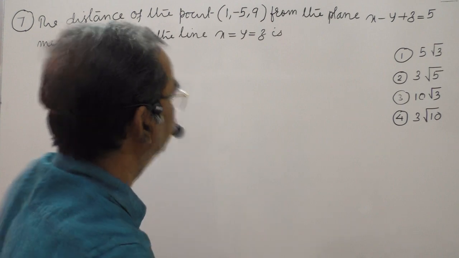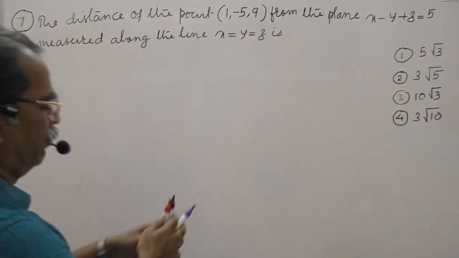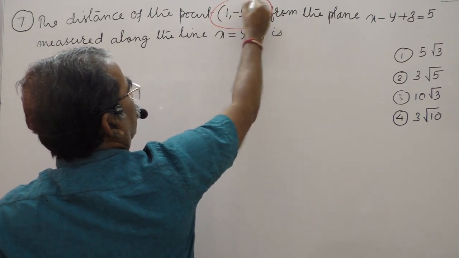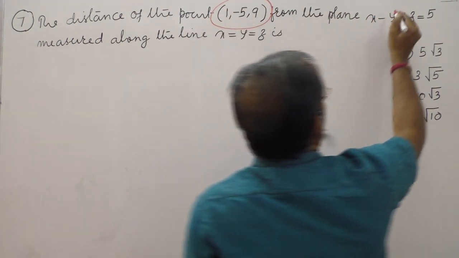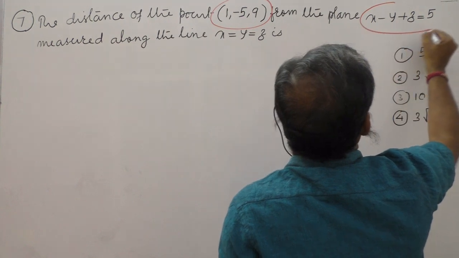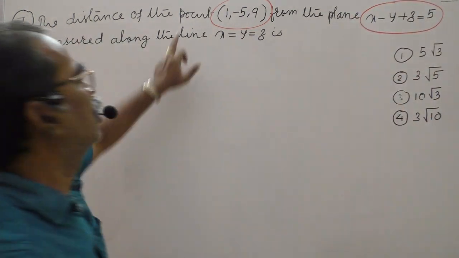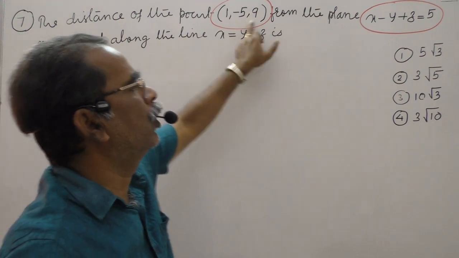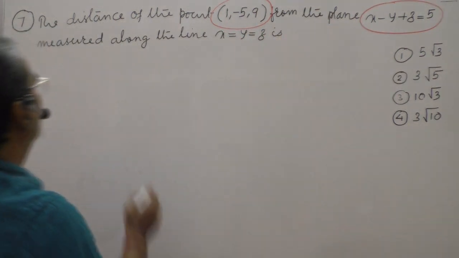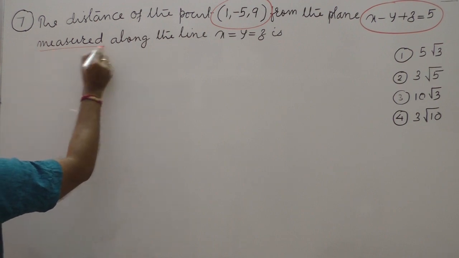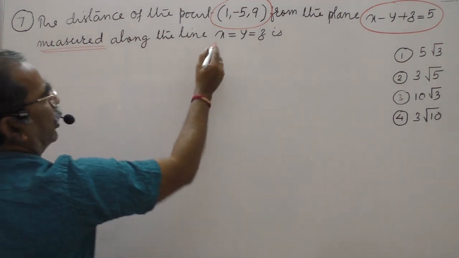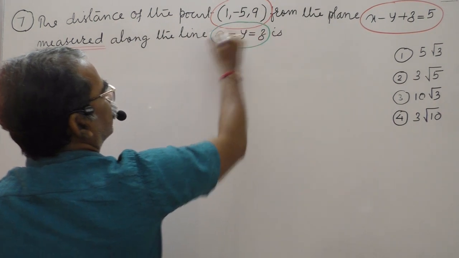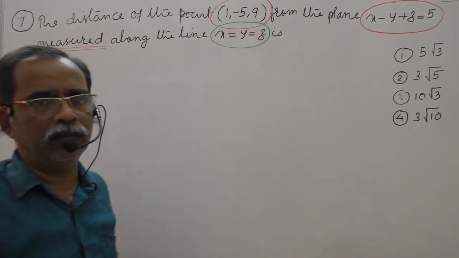Question: please see the distance from this point to the plane, the distance of the point from the plane, that means the distance from this point to this plane measured along the line, this line, x equal to y equal to z. Please read the question properly.